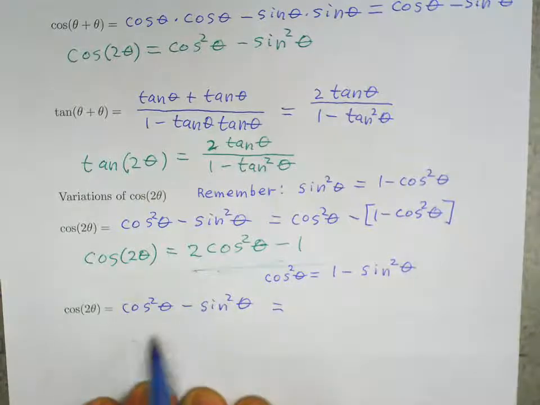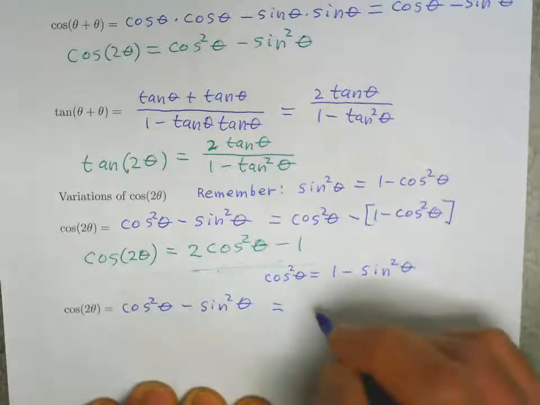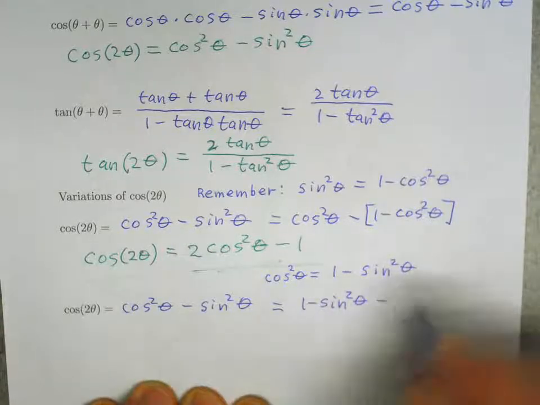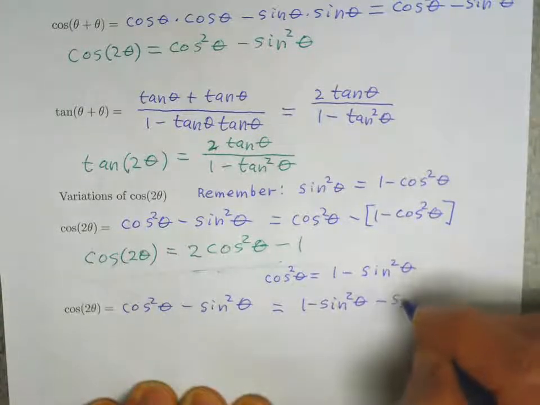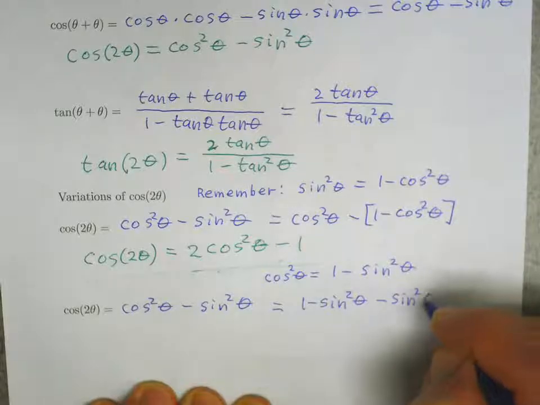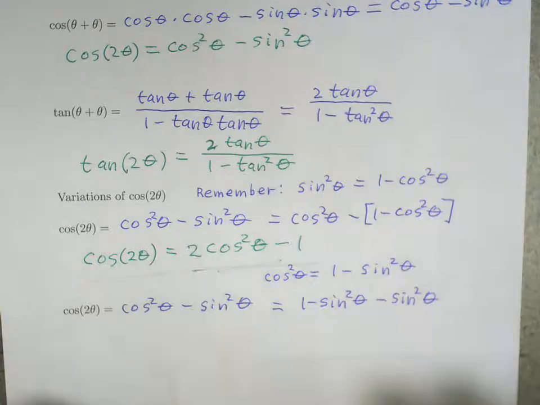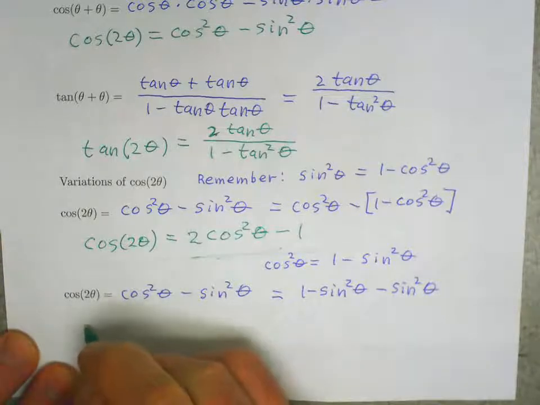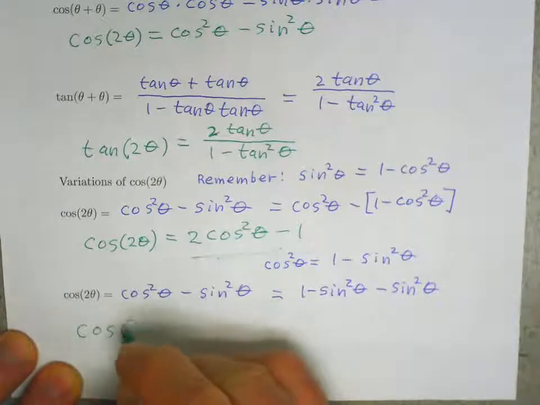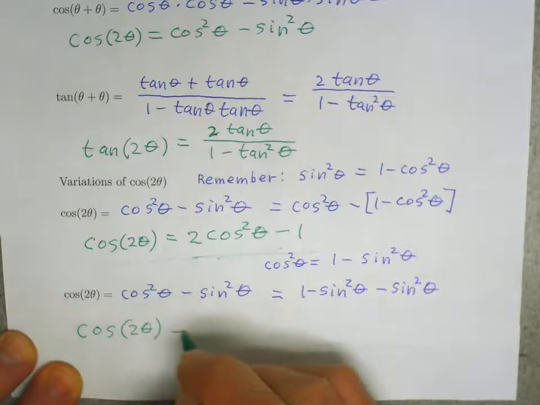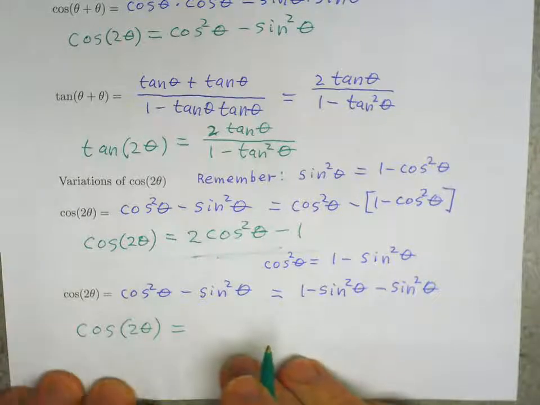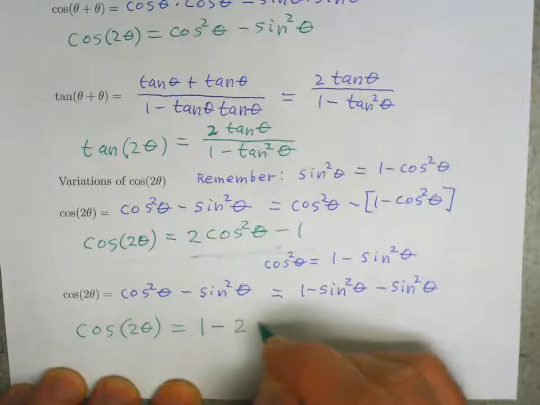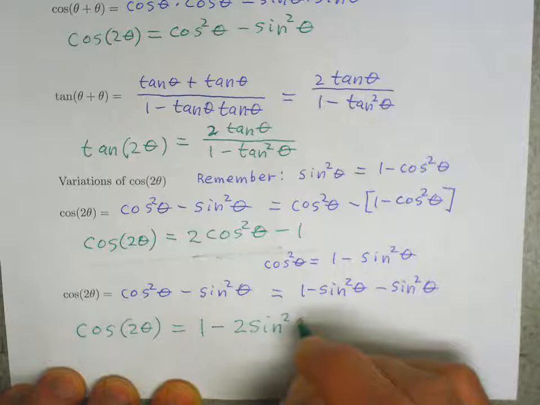So this time we replace cosine of theta squared with 1 minus sine of theta squared, and then we have another minus sine of theta squared. And then when we simplify, we get the other variation of cosine of 2 theta. Cosine of 2 theta can also be written as 1 minus 2 times sine of theta squared.